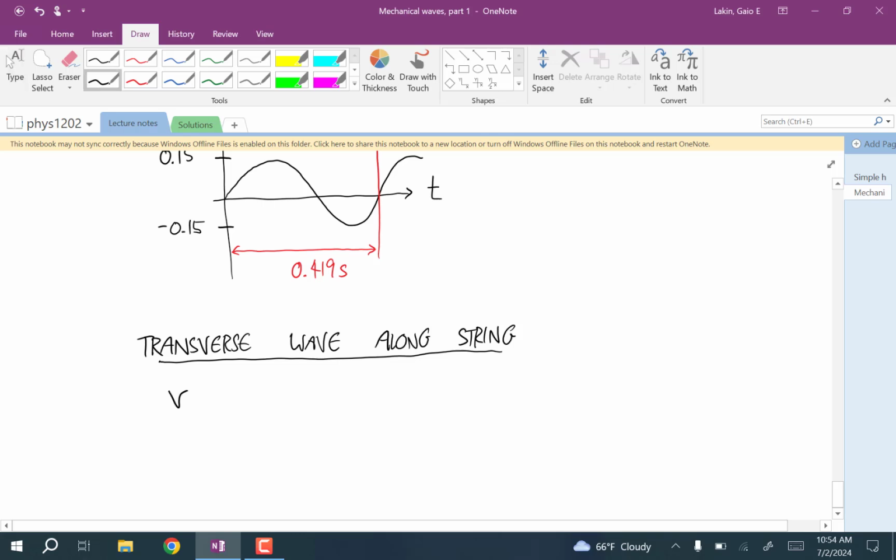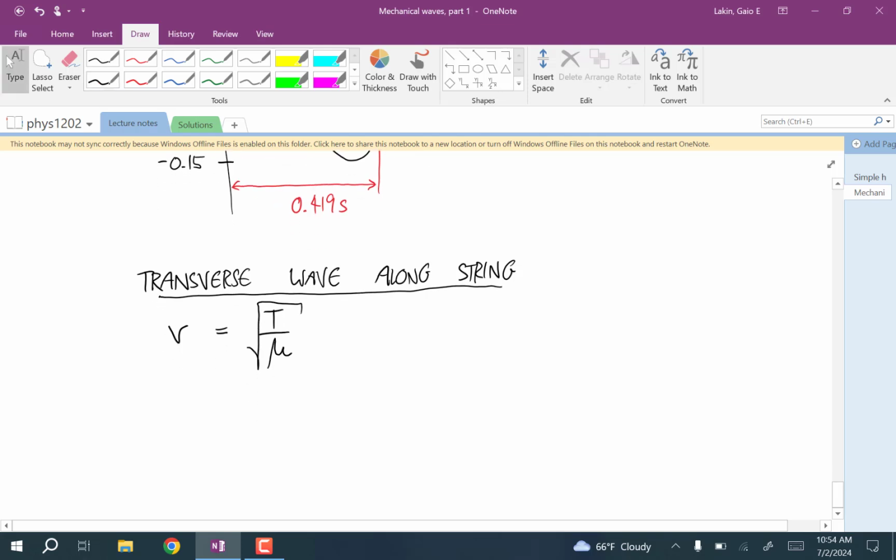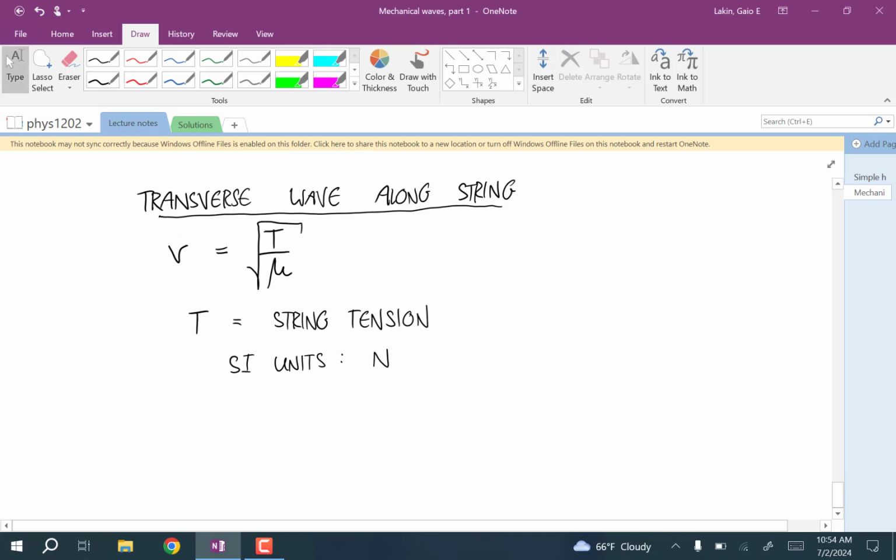But the speed of a transverse wave moving along a string is equal to the square root of the tension of the string divided by the mass per unit length. Okay, so this is the equation. T is the string tension. If you're in SI units, this tension is going to be in newtons.